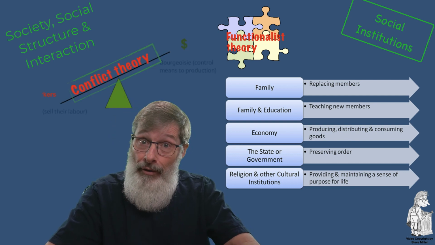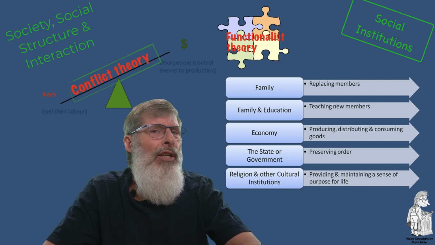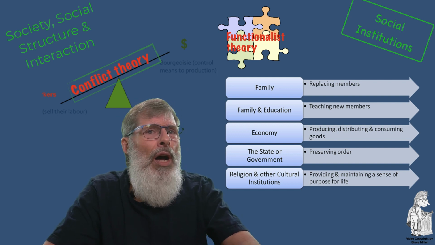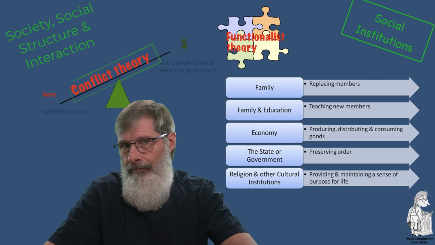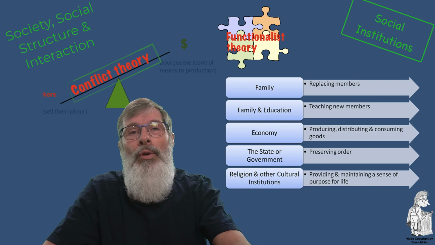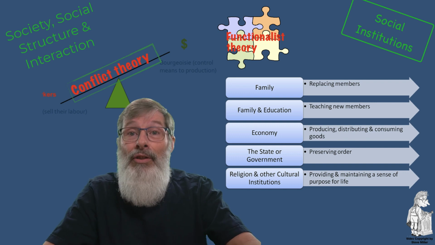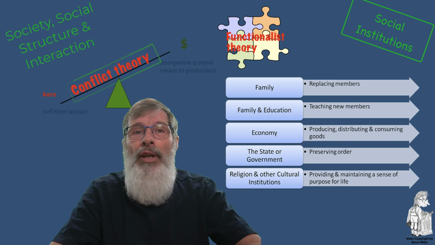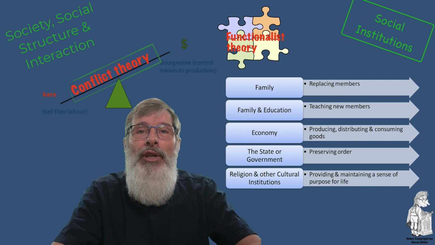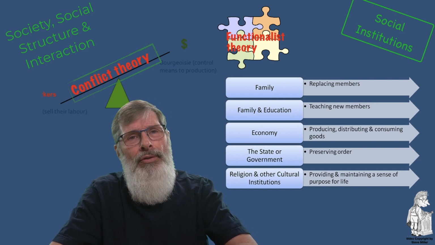Now, conflict theorists argue that many social institutions do not work for the common good of everyone in society. Their example would be that the government maintains the privileges of the wealthy and powerful while contributing to the powerlessness of others.